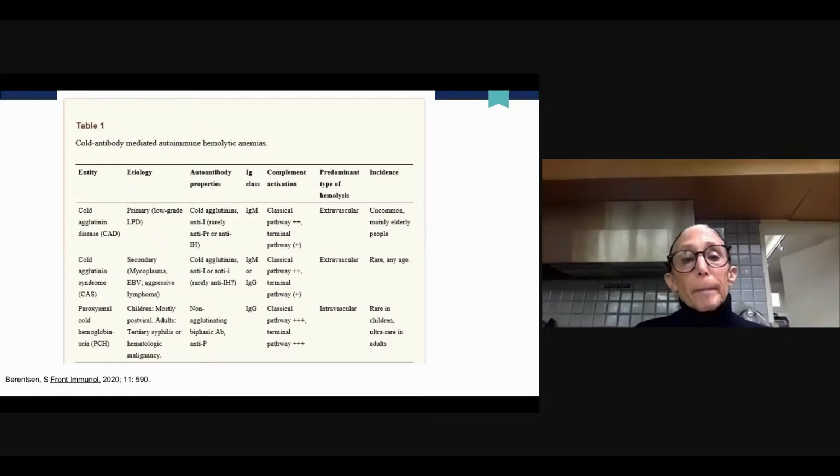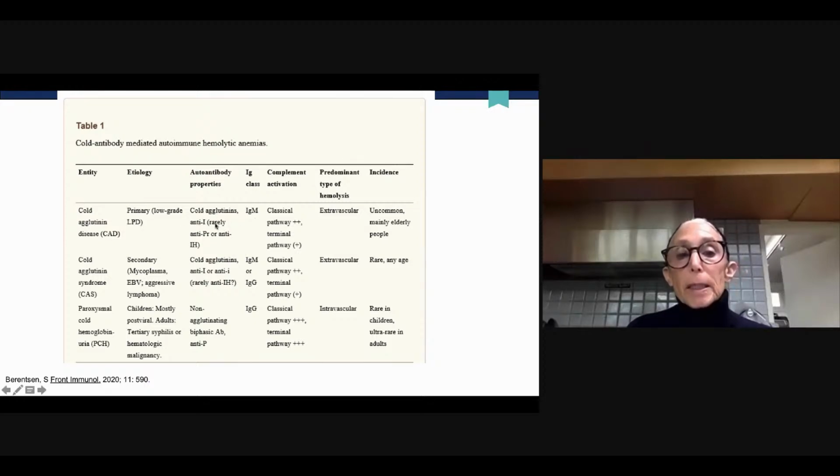So, cold antibody-mediated hemolytic anemias, the autoantibodies are very interesting. In cold agglutinin disease, which really is a low-grade lymphoproliferative disorder, it's not necessarily malignant, but there is evidence in the bone marrow for lymphoid proliferation.